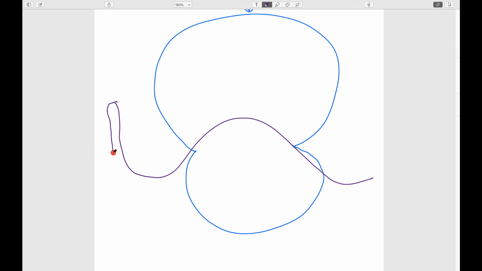Here is the messenger RNA with various factors attached. This is the messenger RNA with the cap, this is 5 prime and this is 3 prime.